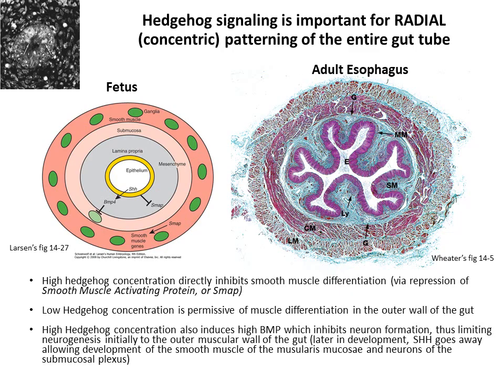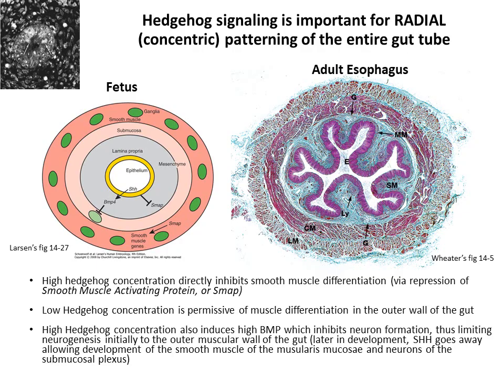High hedgehog concentration also induces high bone morphogenic protein signaling, which inhibits neuron formation and thus limits neurogenesis initially to the outer muscle wall of the gut. Later in development, the hedgehog gene goes away, allowing development of the smooth muscle of the muscularis mucosa and neurons of the submucosal plexus.